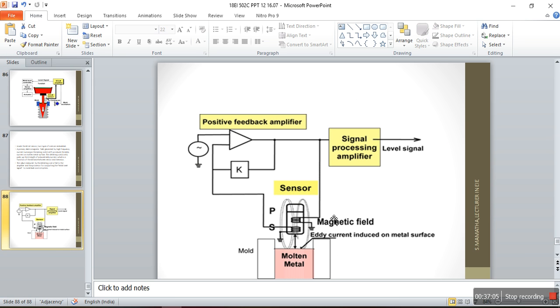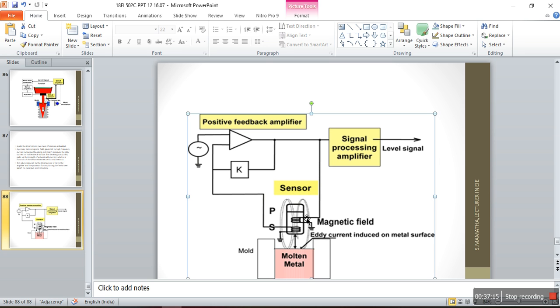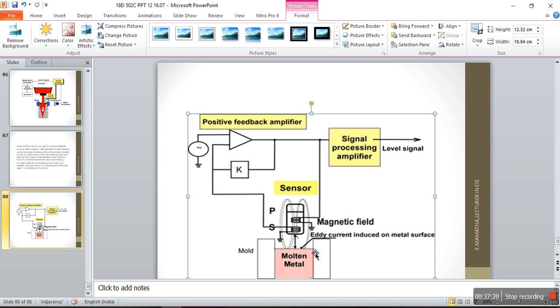Voltage or current is applied to the primary coil with some frequency. Because of that, a magnetic field is generated that links with the molten metal. Then eddy currents are produced, and because of those eddy currents, a field is induced in the detecting coil.